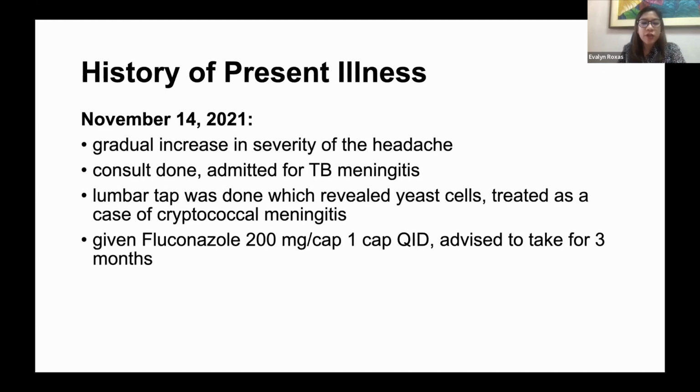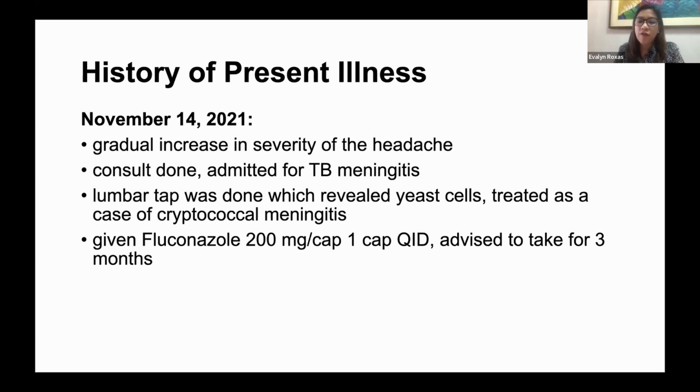There was an increase in the severity of headache, thus prompting him to consult a healthcare facility. He was then admitted for TB meningitis, and a lumbar tap was done, which revealed positive yeast cells. So he was treated as a case of cryptococcal meningitis during this time.